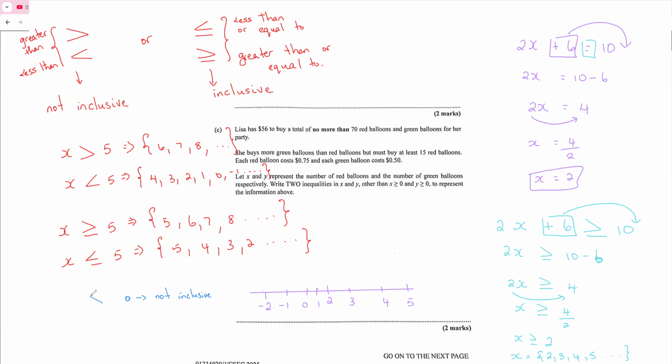If it's these, we use an empty circle. If it's these, where they're inclusive, we use a circle and shade it. This means inclusive.